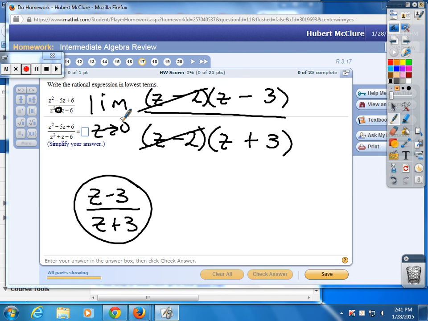And you can't put it in here because it makes a 0 pop in here. But they'll put a number here, and that number, if you plug it in here, it'll cause you to get 0 in the denominator.